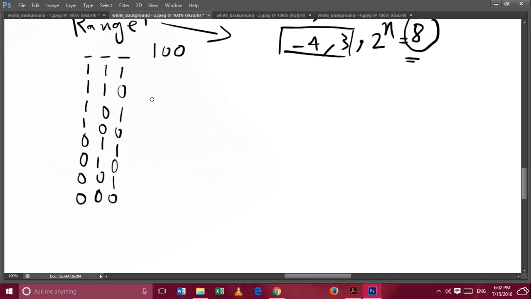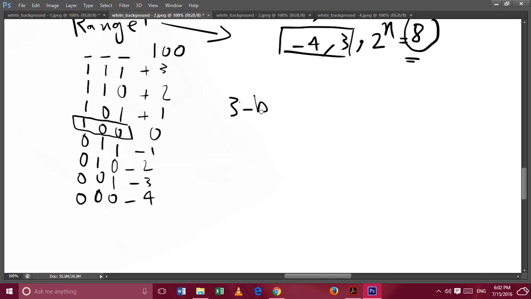To put things in perspective, remember that we said the 0 is equal to 1 0 0. So it's right here. This is 0, correct? Then we have positive 1 when you go up, positive 2, positive 3, and we have minus 1, minus 2, minus 3, and minus 4. And that's it. This here is a 3 bits excess notation system.